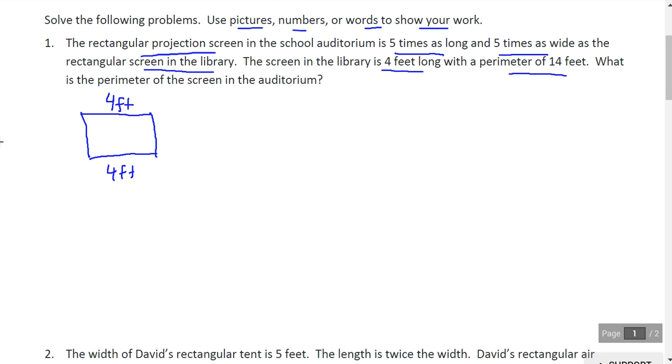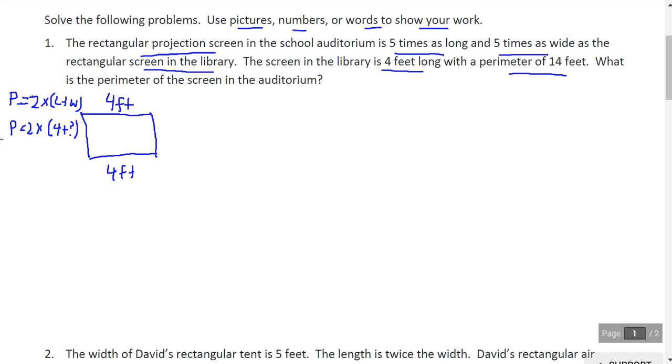Perimeter is equal to 2 times the length plus the width. We know the perimeter is equal to 2 times, well, the length we know is 4. We don't know the width, so that's what we've got to find out.